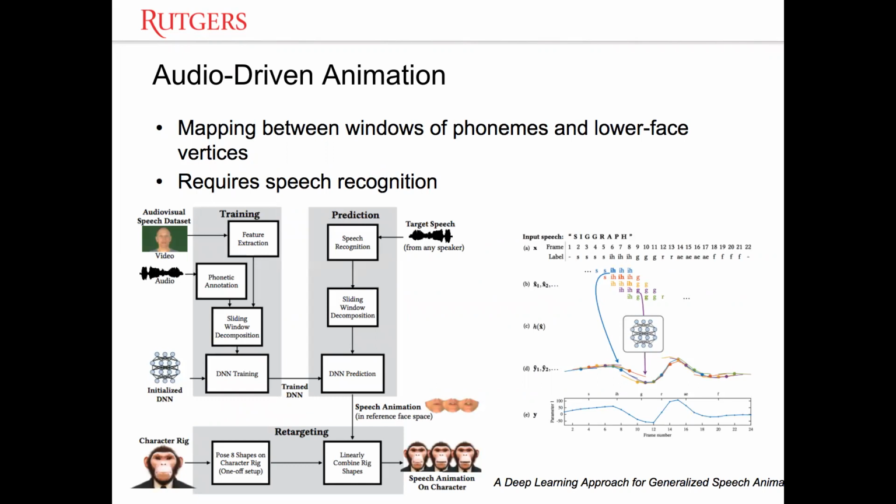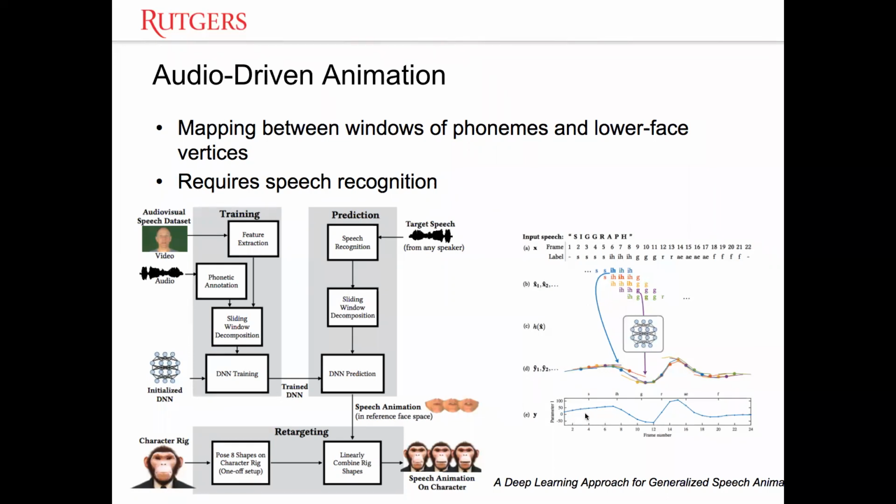One work from 2017 tries to map windows of phonemes to the lower face vertices, and it requires a speech recognition process that converts the speech to text to phonemes, and it uses a sliding window, a window size of 5 frames, I believe, and a neural network model that maps the phonemes into the animation curves from the dataset it collects.